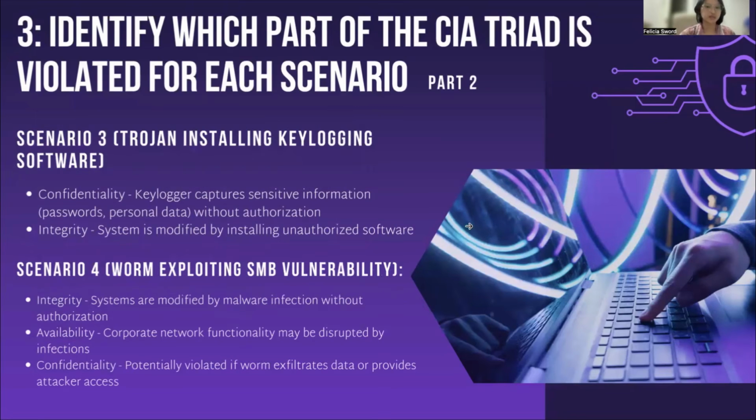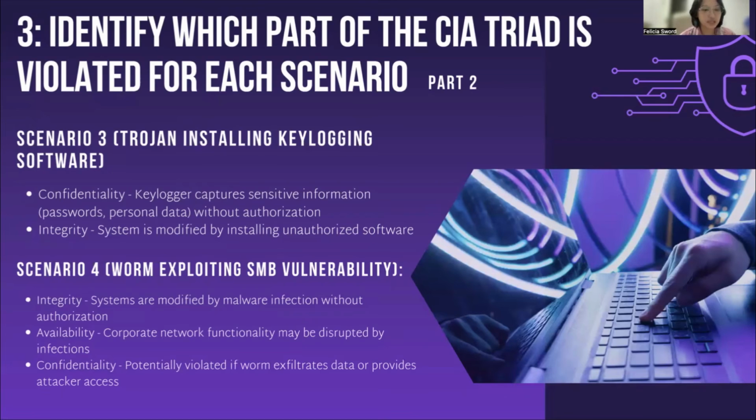And then we have scenario 3, which is a Trojan. Now, confidentiality and integrity are violated here, where for the confidentiality aspect, the keylogger captures sensitive information such as passwords and personal data without authorization, and the system is being modified by installing unauthorized software. This violates the integrity aspect.